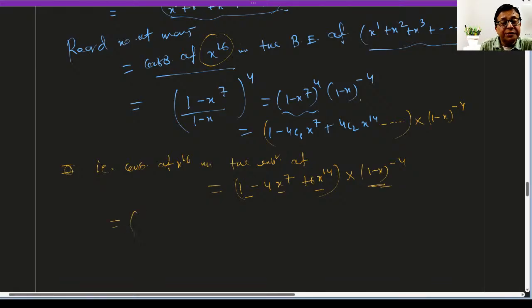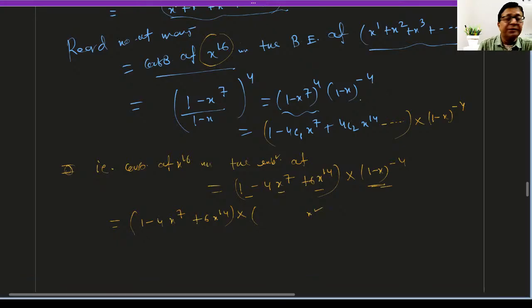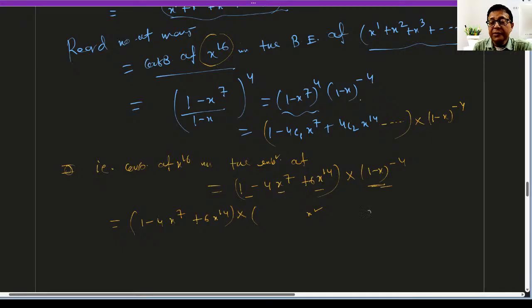So you write 1 minus 4x to the power 7. I will not write the other terms. Whose coefficient is required? The x to the power 9 coefficient, because multiplying with this we will get the x to the power 16 coefficient.